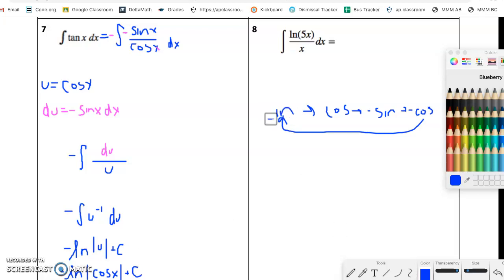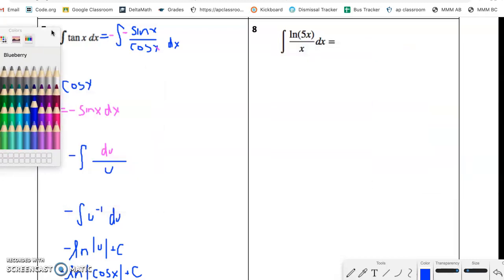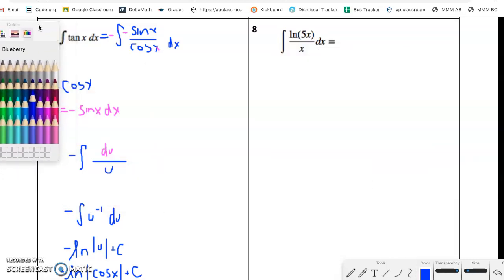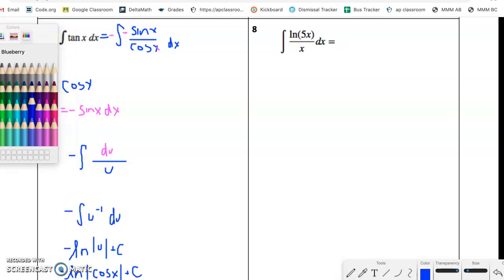All right, moving to this last one. I am going to show this to you through basically a double u substitution. You might see it right away, but I'm going to show it by doing u substitution twice.